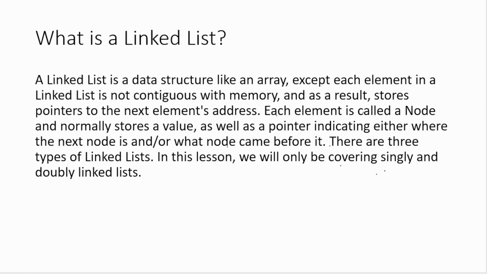There are three types of linked lists, but in this lesson we will only be covering singly and doubly linked lists. A singly linked list is a linked list with only pointers going to the next node. So we've got these objects and we're going to connect them by these arrows, and each arrow is a pointer to the next node in the linked list.